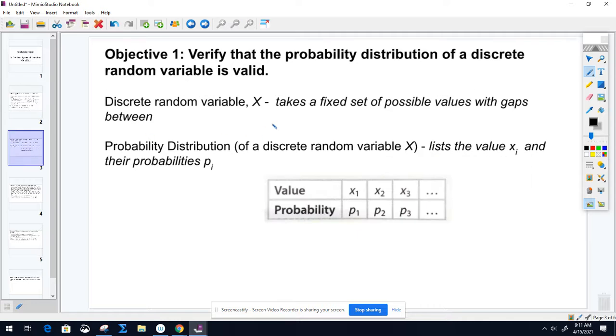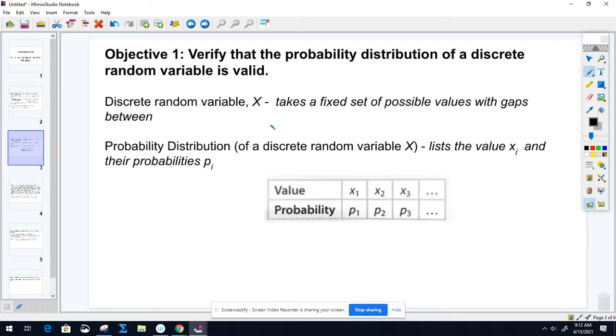Okay, so objective one is to verify that the probability distribution of a discrete random variable is valid. So the first thing we have to understand is what is a discrete random variable. Okay, we use a capital letter X to show that it's a discrete random variable. It takes a fixed set of possible values with gaps between.